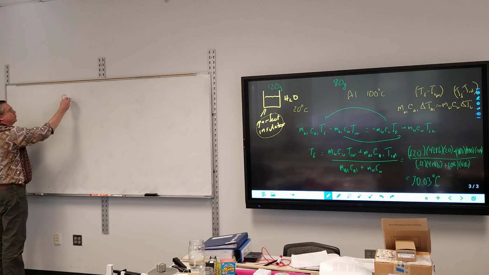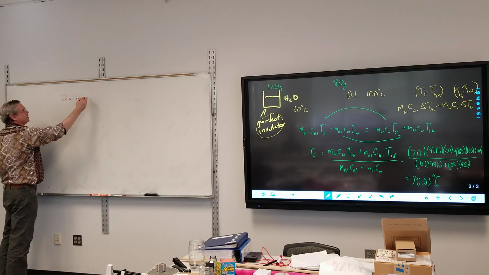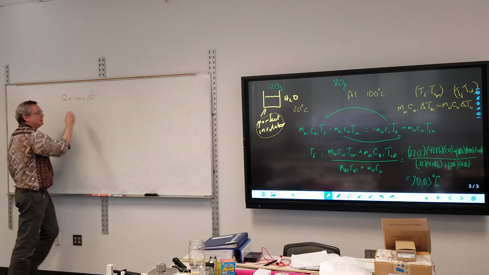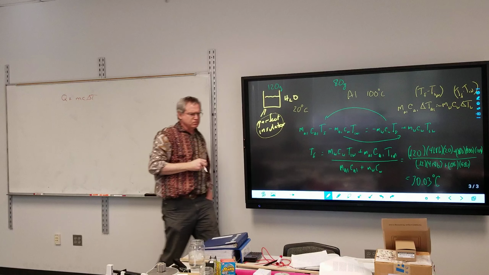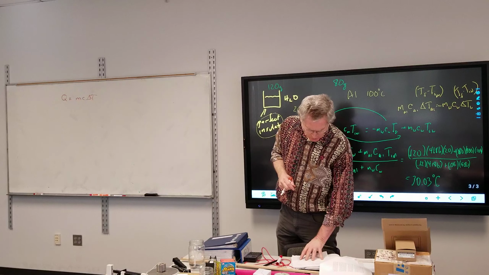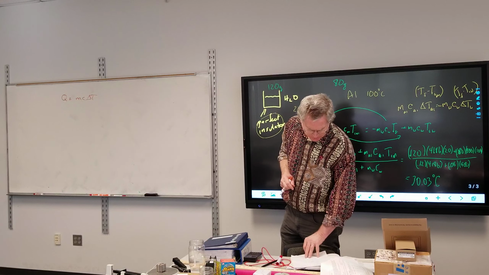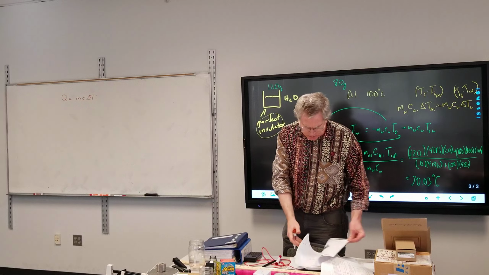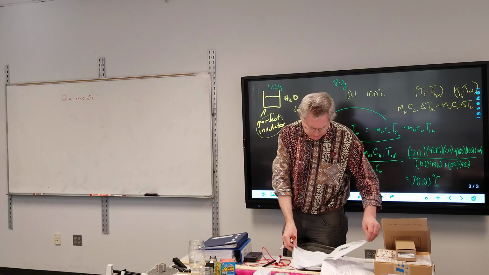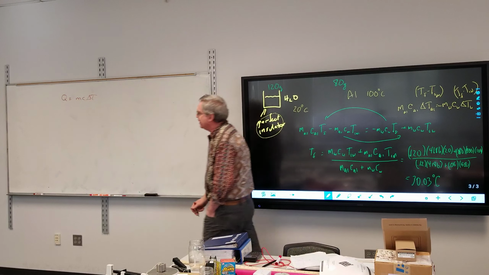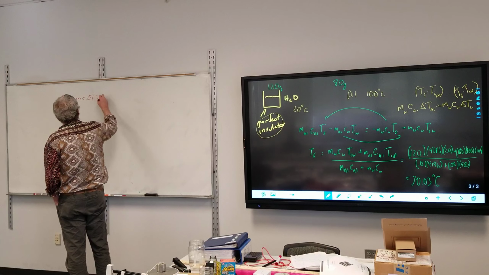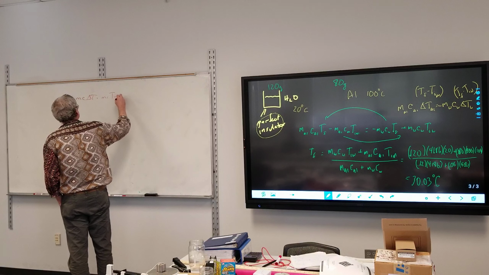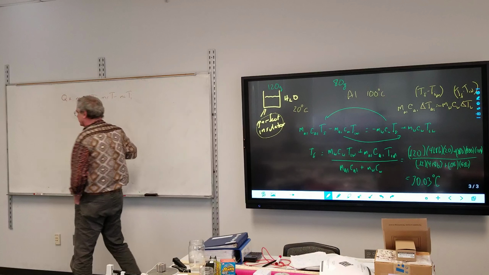So I know that Q is equal to MC delta T. Let's make sure this is the path I want to go on. Which is just MC T minus MC times whatever my initial temperature is.